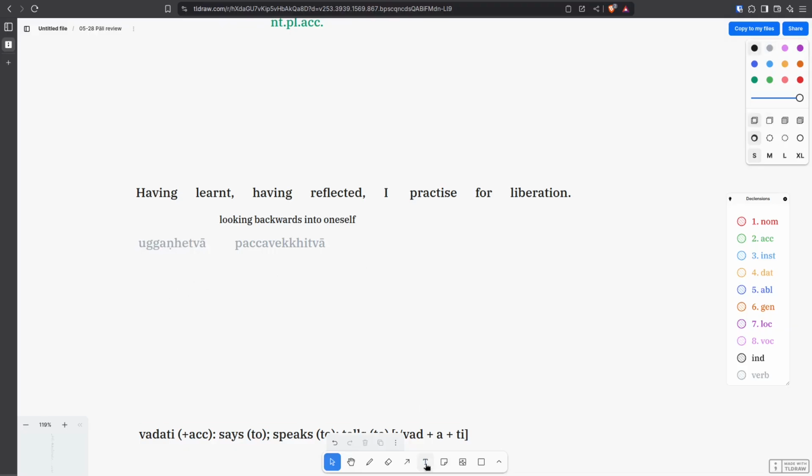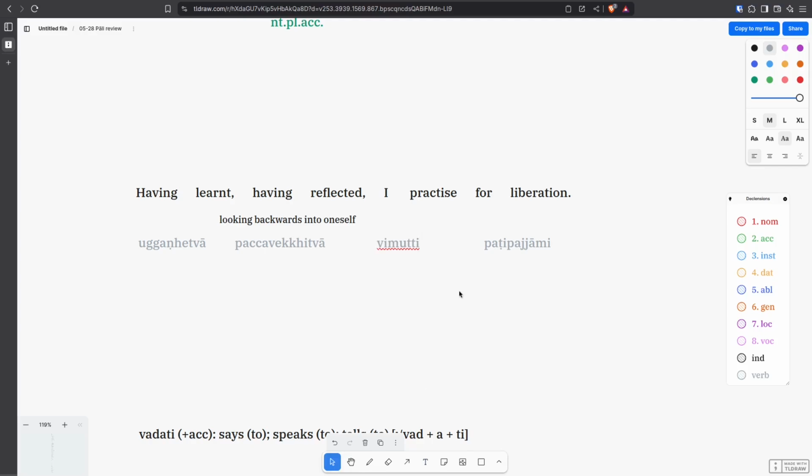Okay. And then sikkhāmi, I practice, or paṭipajjāmi, could be both. I practice, paṭipajjāmi or sikkhāmi. I train. I practice. And for liberation? Liberation here would be vimutti. And then vimutti is feminine.